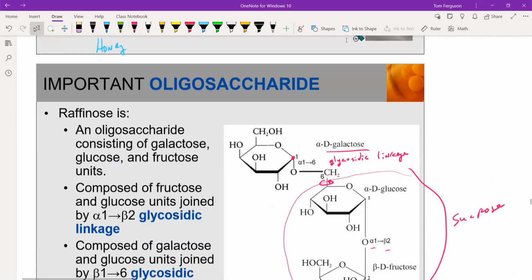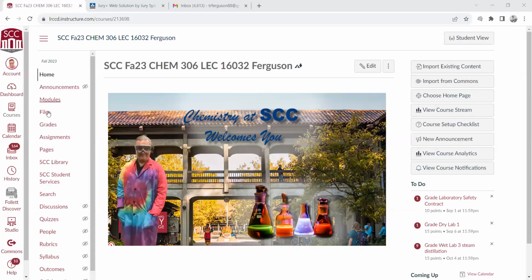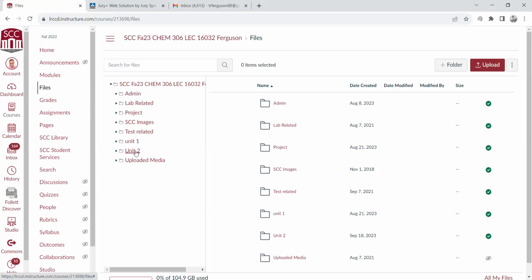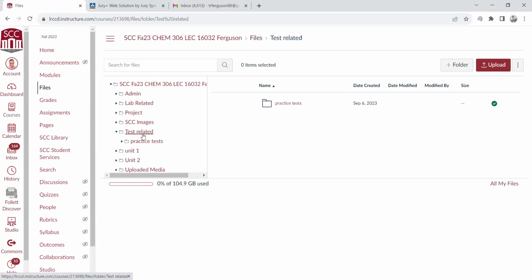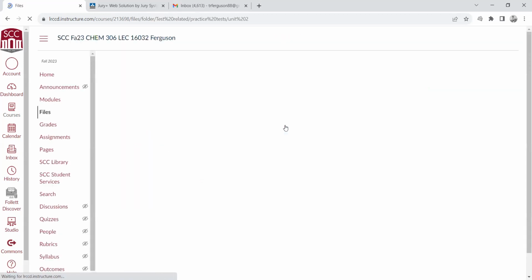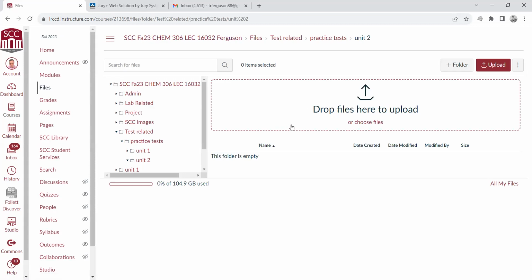So let's practice some more here. Oh, I haven't included any of those.